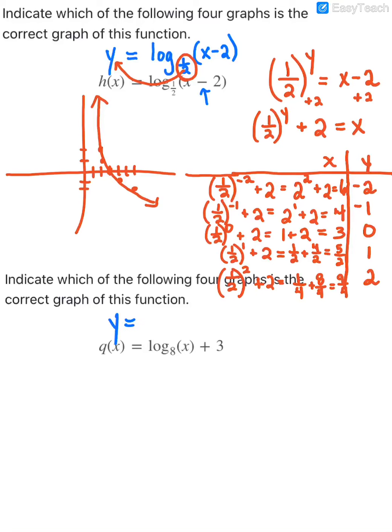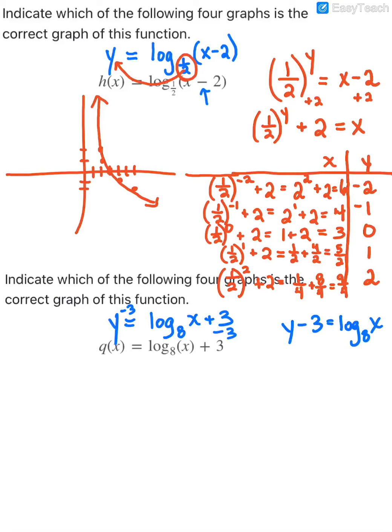So again, I'm going to first write it in terms of y equals the log base 8 of x plus 3. And then, so that I can put it in exponential form, I'm going to have to first subtract the 3 from both sides. So y minus 3 is the log base 8 of x.